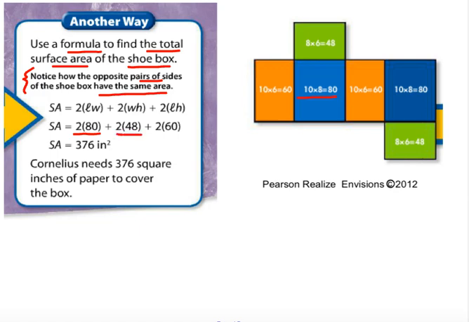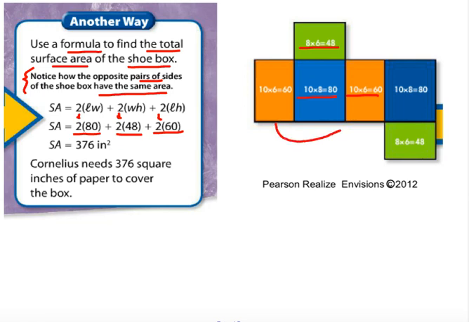When we get this 48, they're talking about 8 times 6. When they get this 60, they're talking about 10 times 6. And because we have 2 of each of those rectangles, you're going to multiply by 2.